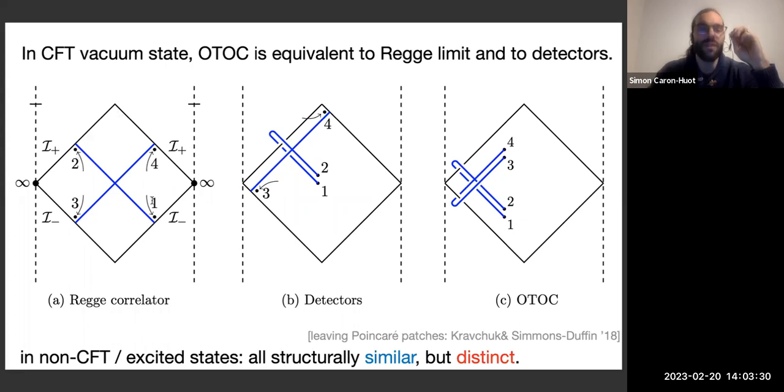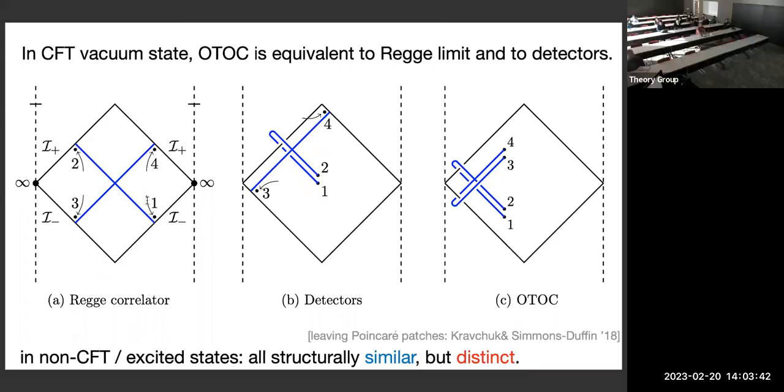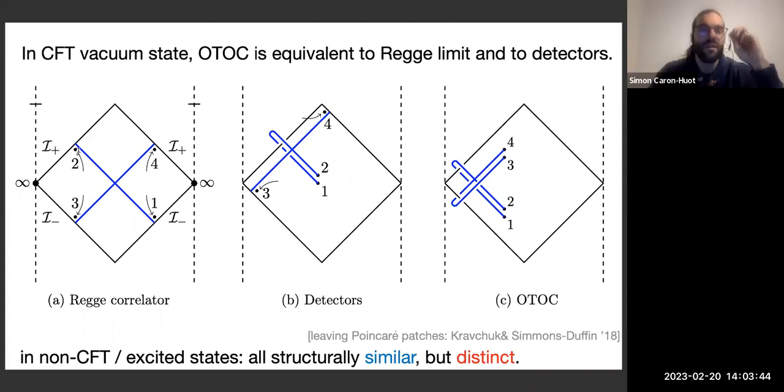And the Regge limit is we scatter two highly boosted objects against each other. So when we apply a large boost, our initial operators approach null infinity along some null direction.